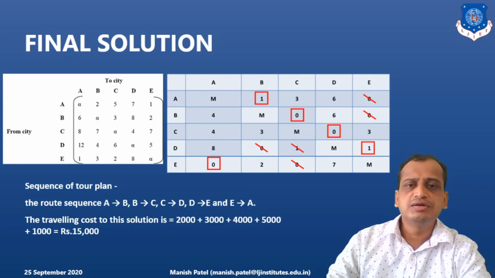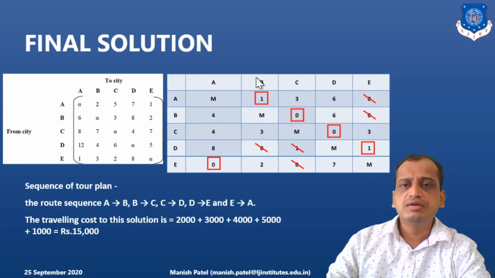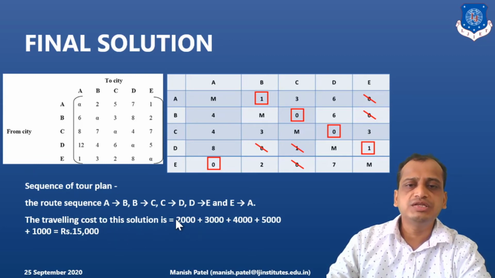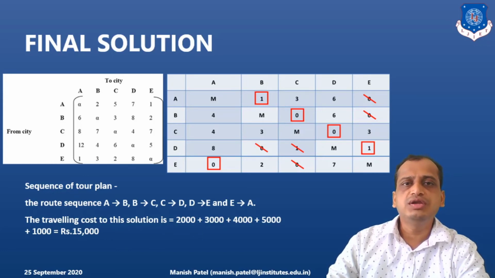So if you see here, from A to B, the cost involved is 2. So 2 multiplied by 1000, that is 2000, right? Because 1000 rupees was the unit in the cost matrix initially given in the table. Next, from B to C is 3, C to D is 4, D to E is 5.